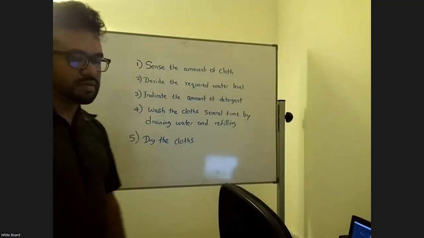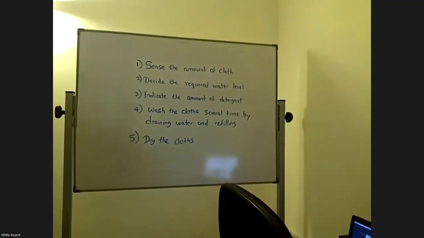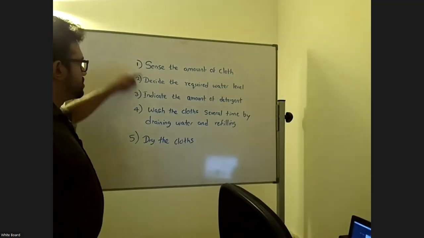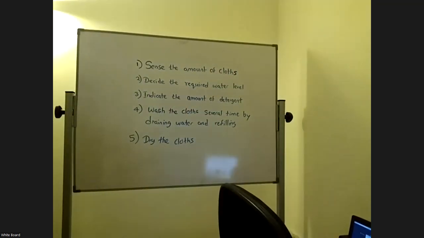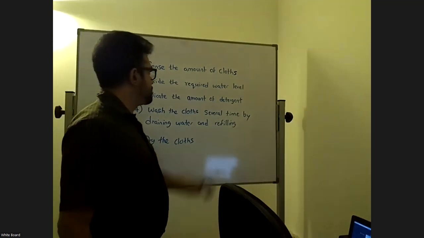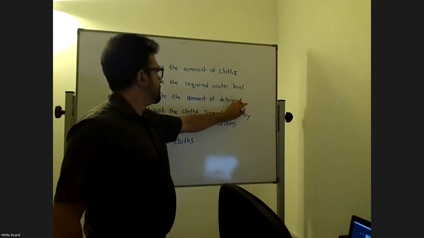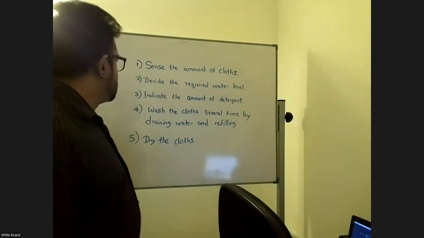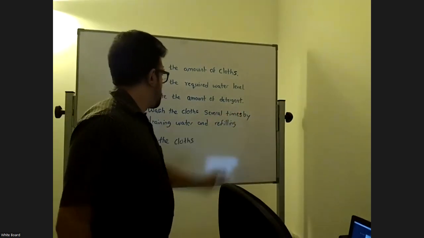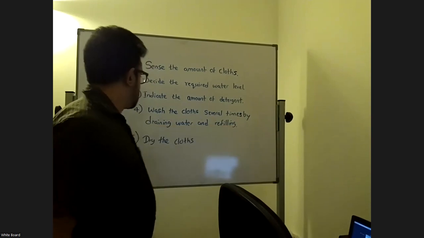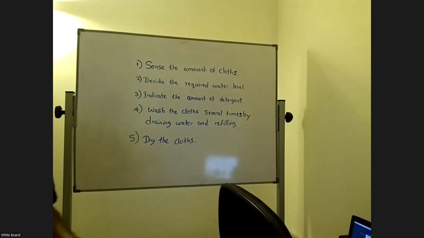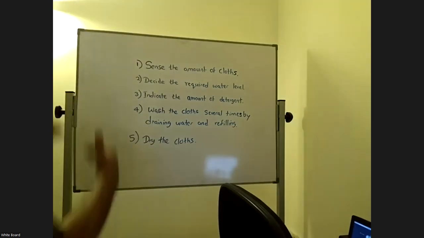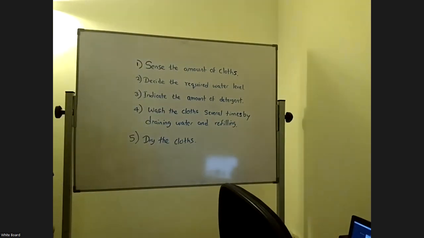Write down this under the topic. Sense the amount of clothes, decide the required water level, indicate the amount of detergent, right? Full stop there. Wash the clothes several times by draining the water and refilling. Dry the clothes. Right, take this down below your topic that you wrote now.